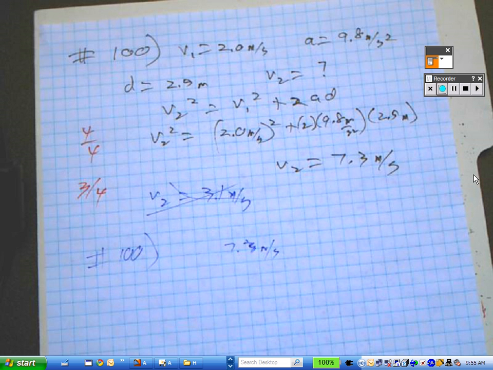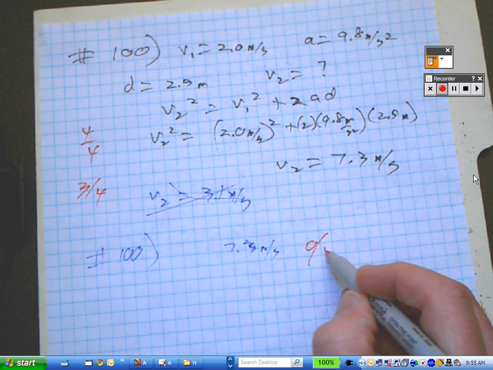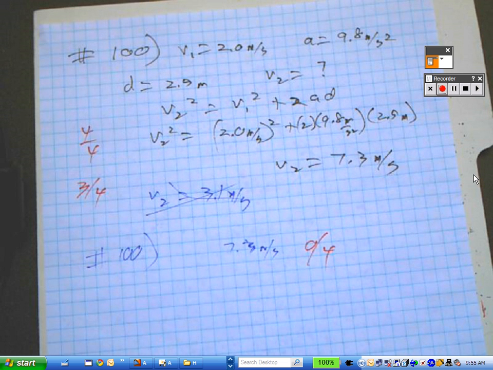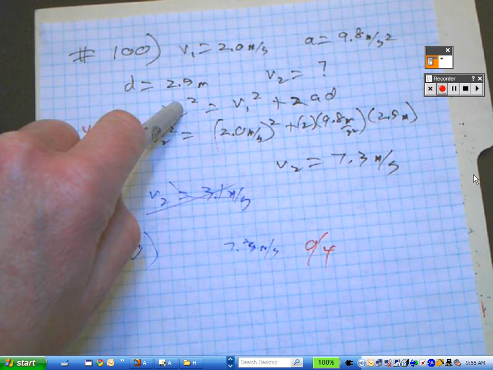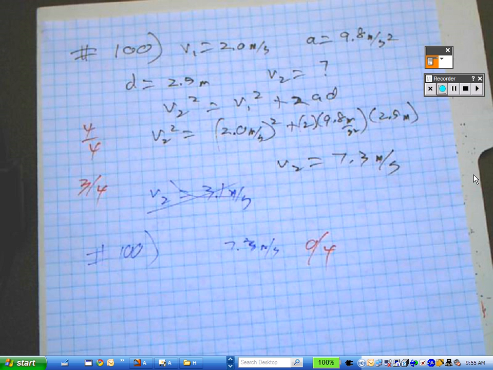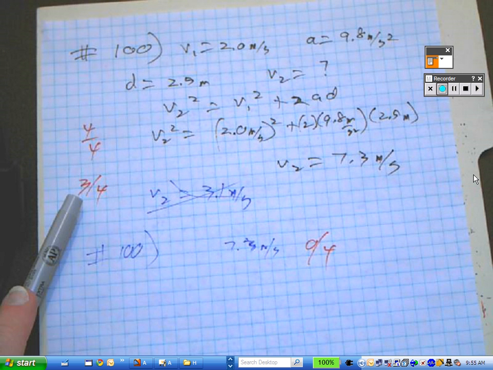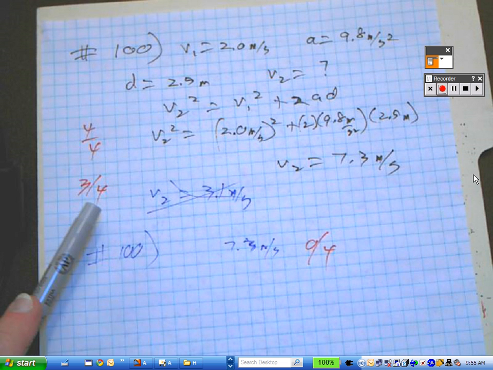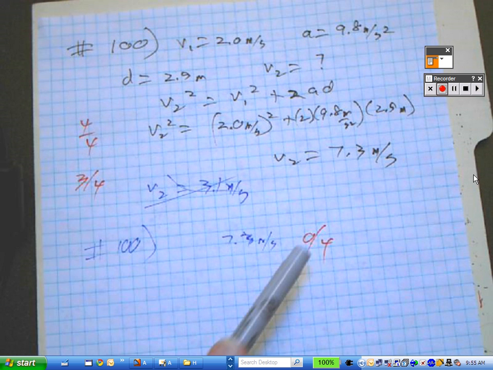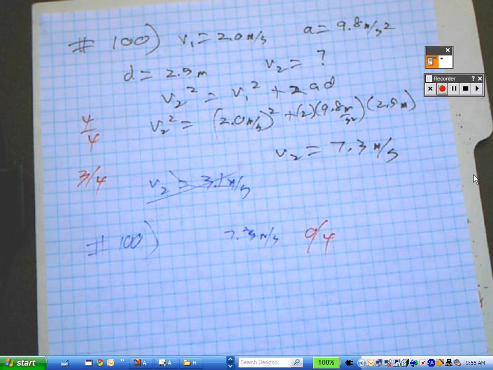Okay? So that's the right answer. However, you will get 0 out of 4 for that. So, understand, you must show your steps for these problems to get credit. And if you show your steps and you make a little mistake or even a big mistake, it's 3 out of 4. But regardless of whether it's right or wrong, if you just give me the answer, then you will get 0 out of 4.